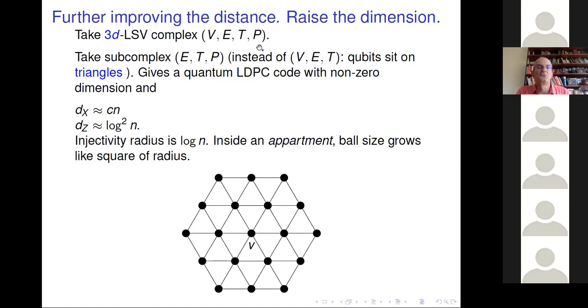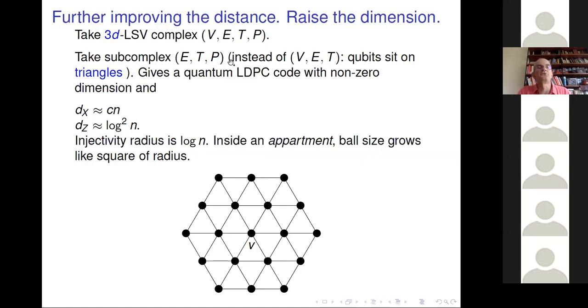And we can do 2 things. We can forget the pyramids and again have a VET simplicial complex, or we can forget the vertices, the vertex set, and take the subcomplex ETP, which is really 2-dimensional general chain complex, but not the 2-dimensional simplicial complex. So this incident structure I've tried to explain at the beginning immediately translates into the quantum code.